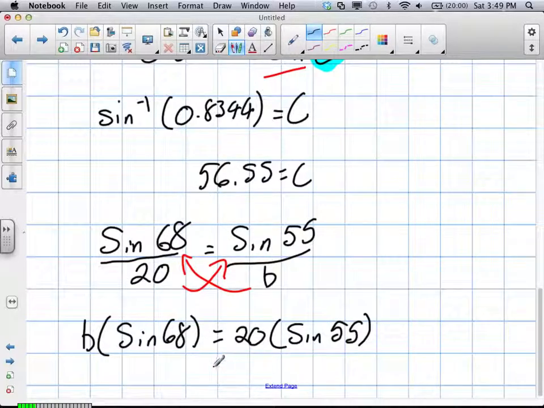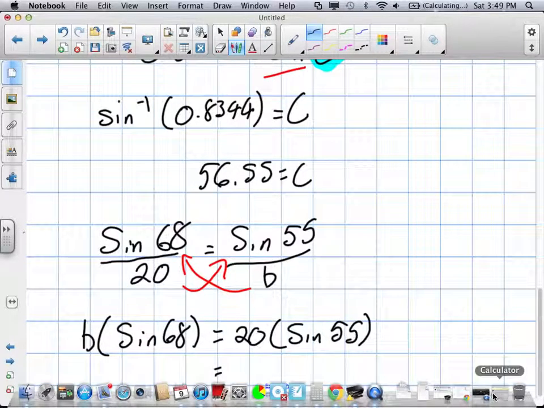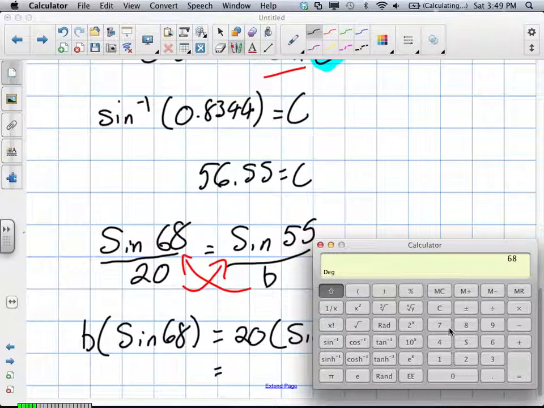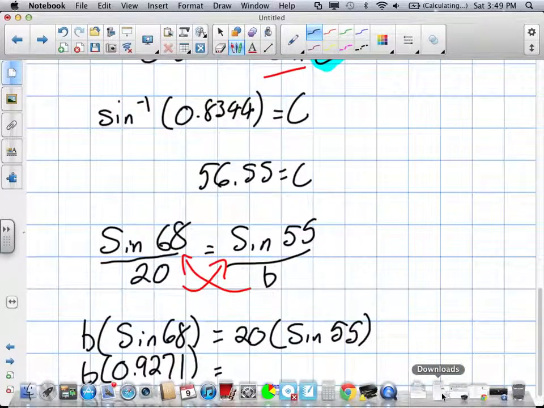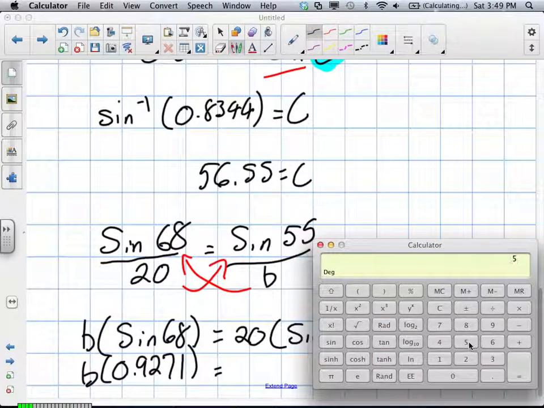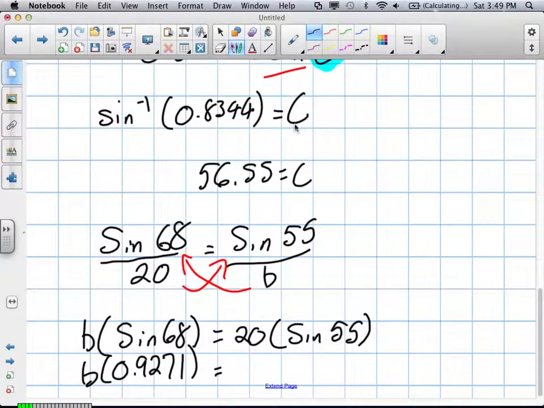We can figure out the numbers: sine 68 is 0.9271, and on the other side, 20 times sine 55 is 16.383.